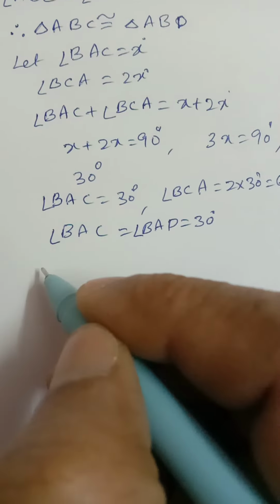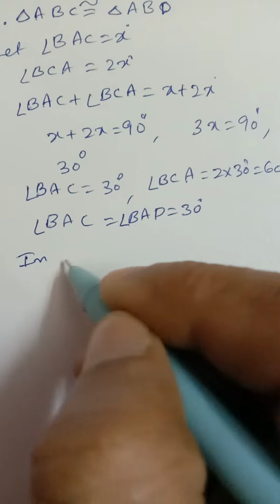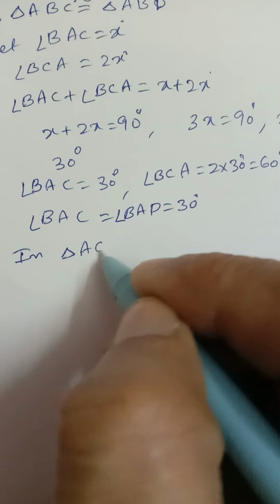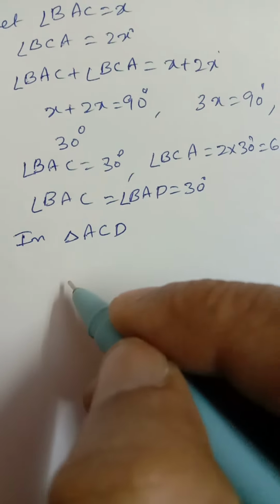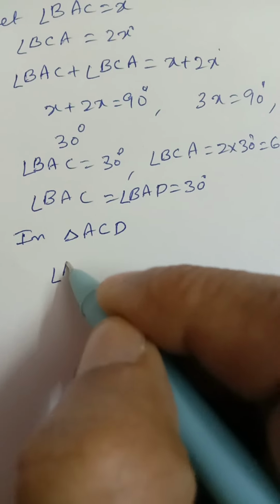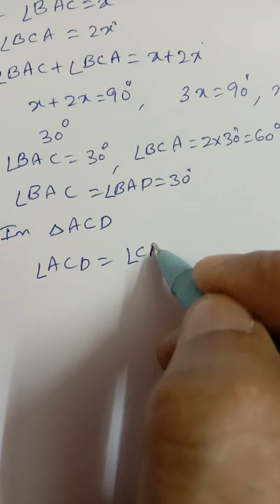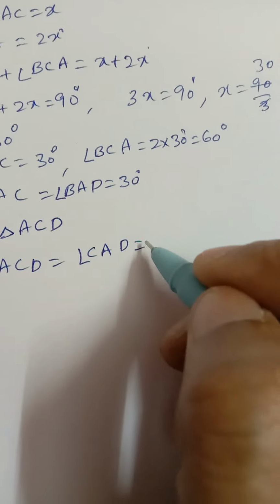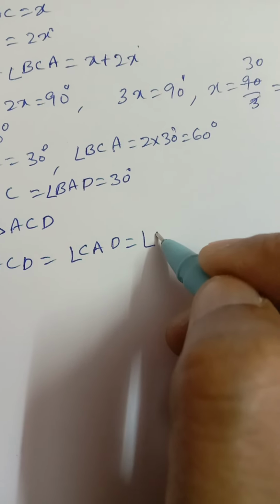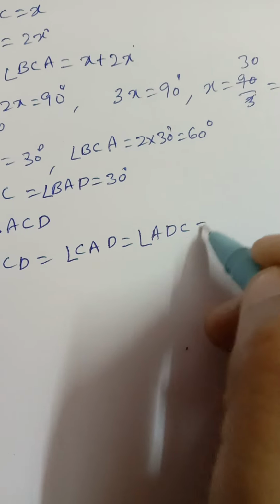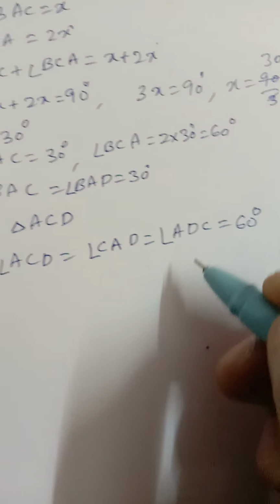In triangle ACD, angle ACD is equal to angle CAD is equal to angle ADC is equal to 60 degrees.